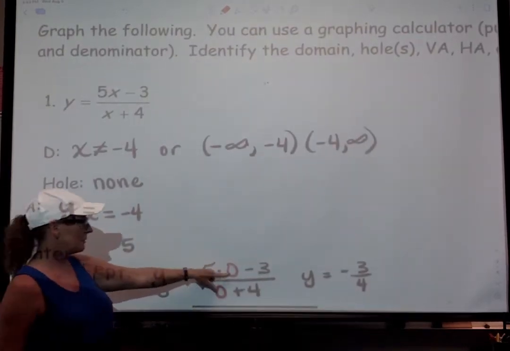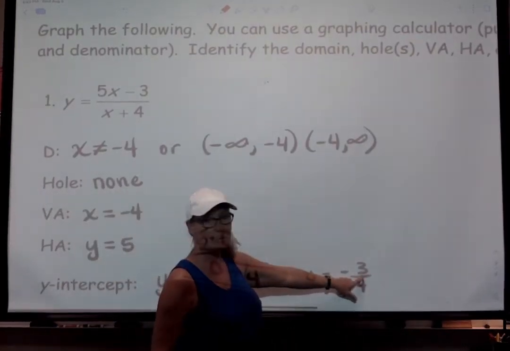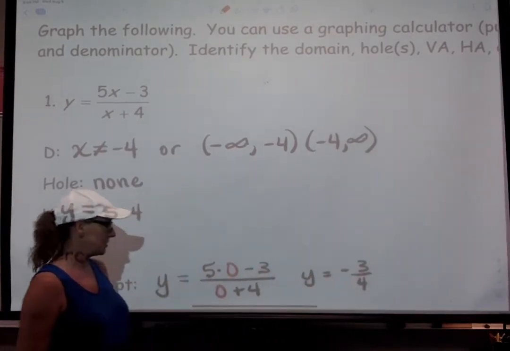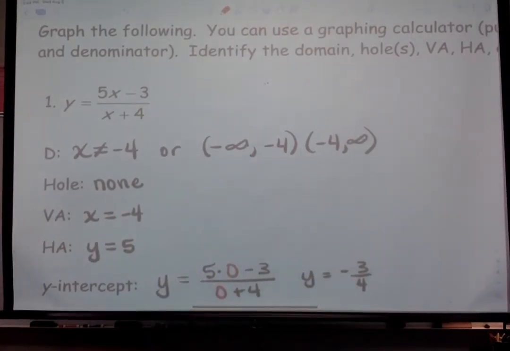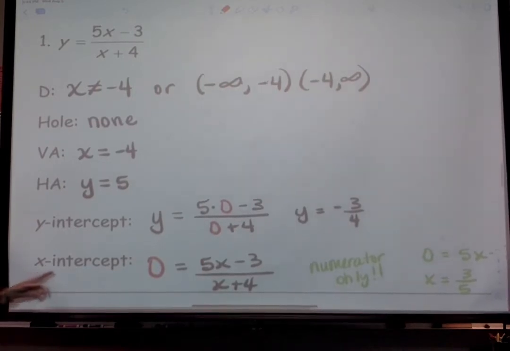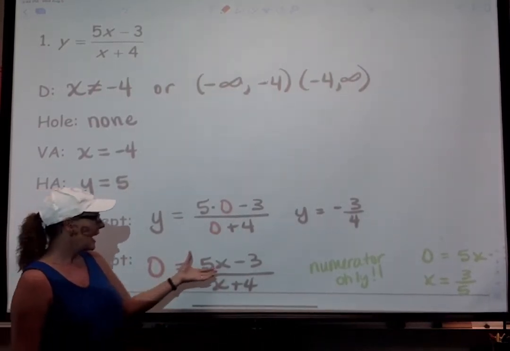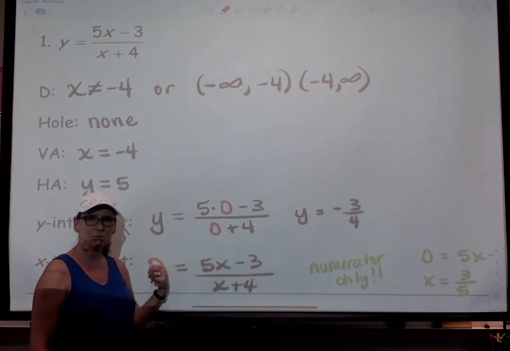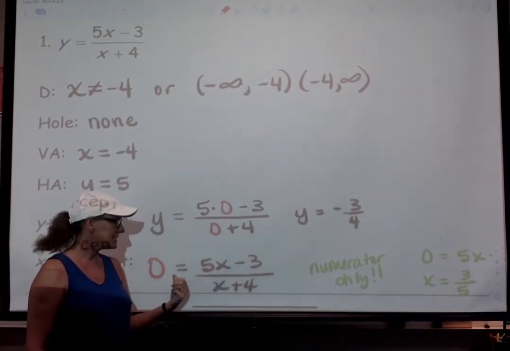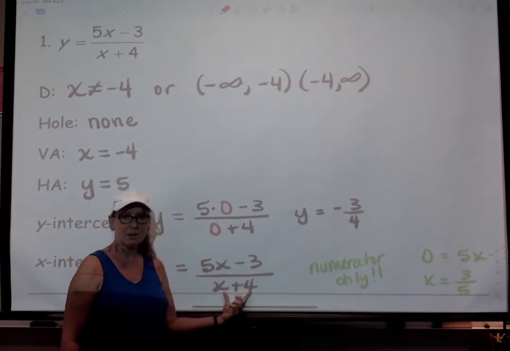Y-intercept, plug 0 in for x. There you go. It's going to cross the y-axis at -3/4. X-intercept, plug 0 in for y. Honestly, I don't remember if we've talked about this or not, but how does a fraction equal 0? Is it when the denominator is 0?